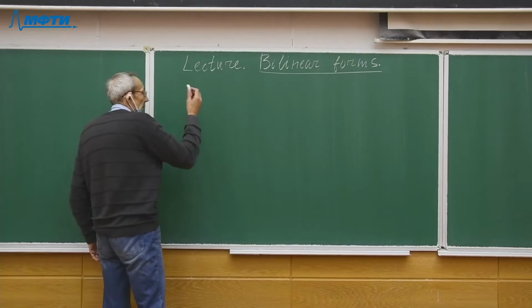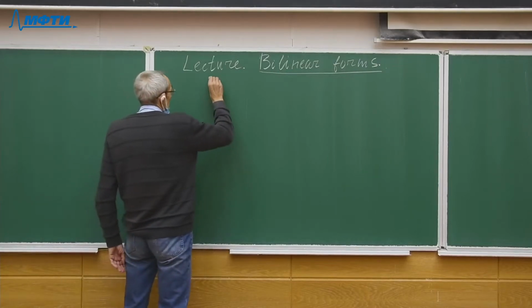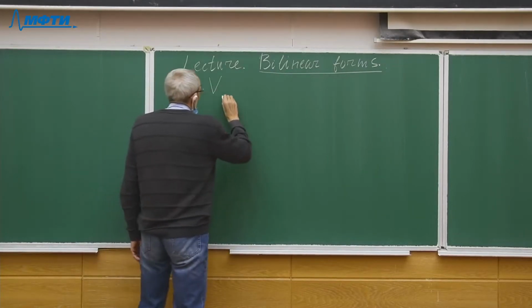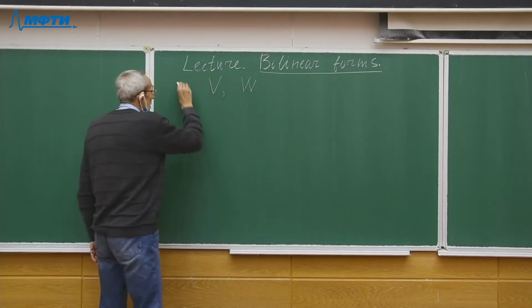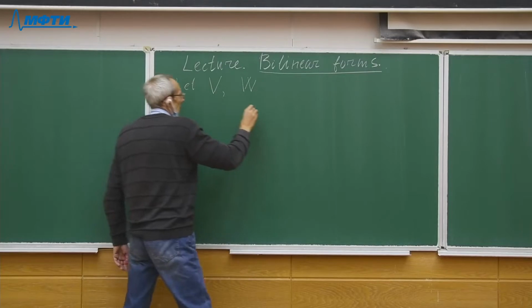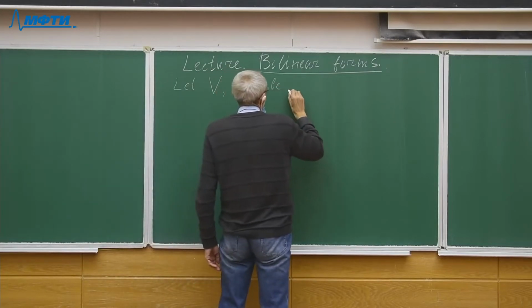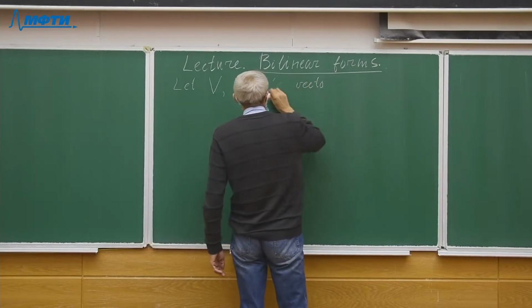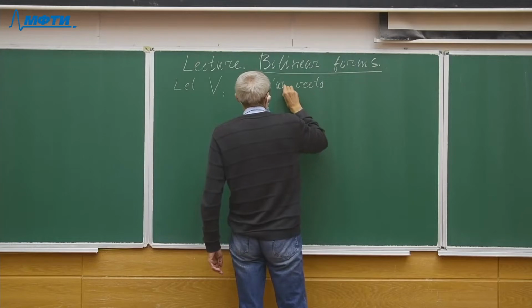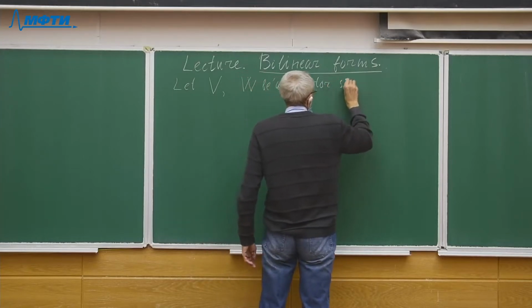If we have two vector spaces, for example, the first of them V and the second W, let V and W be vector spaces.